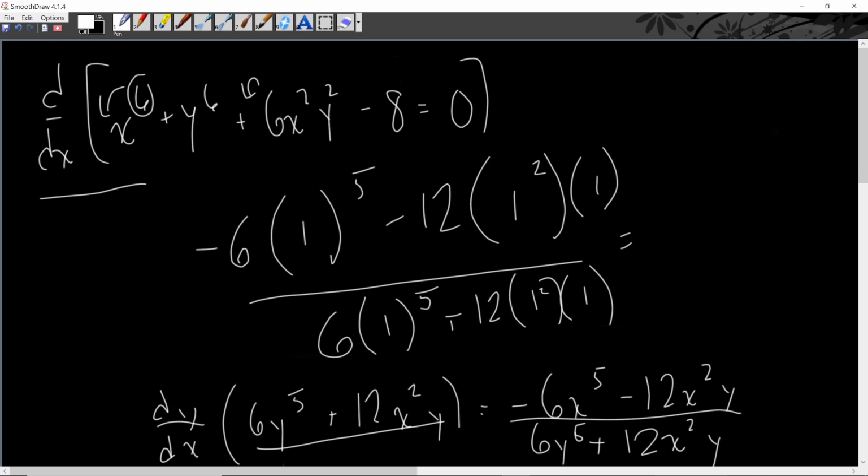I'm just going to ignore the 1's because anything times 1 is itself. So negative 6 minus 12, negative 18, over 6 plus 12, 18. And again, 1 squared times 1 is 1, 1 to the power of 5 is 1. All of these 1's don't really affect our answer, and then negative 18 over 18 is going to be negative 1. And yep, that is correct.